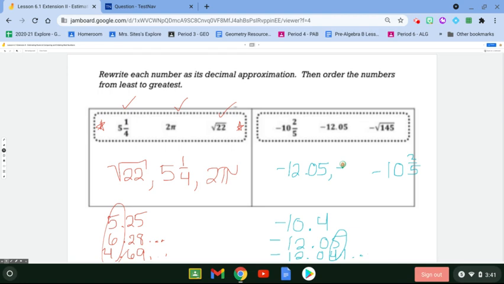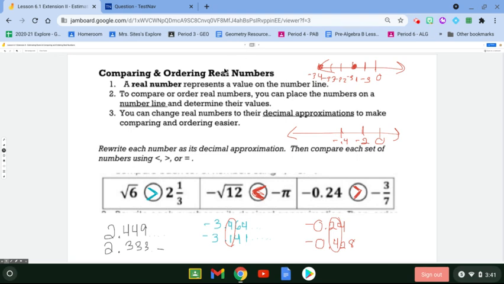Then the negative root of 145 would come next because negative 12.05, the 5 makes this smaller than the negative 12.04 something. All right, so to make sure you had everything for today, if you're comparing or ordering any real numbers, make sure you're changing things to decimal approximations and lining everything up by their decimal point. To make those comparisons, especially with negative numbers, you might want to use a number line.